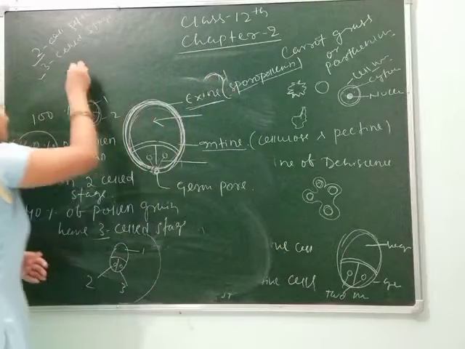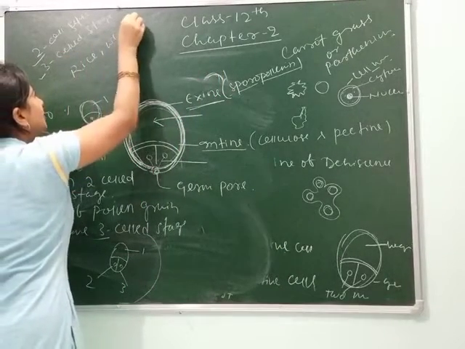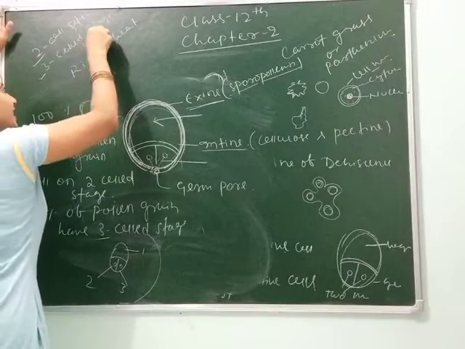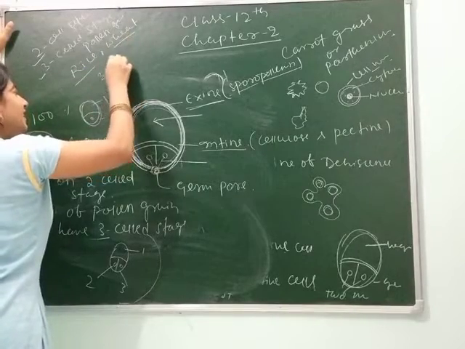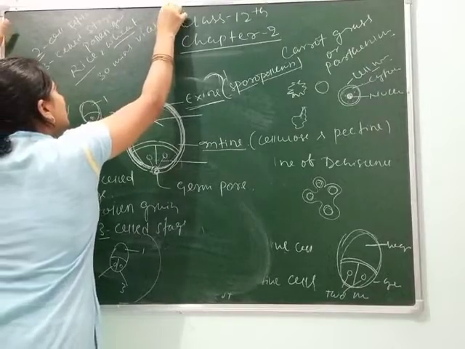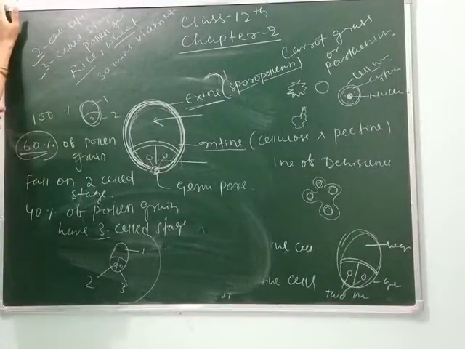If we see rice, wheat, etc., the pollen grains of rice and wheat have 30 minutes viability. Viability means up to 30 minutes they are able to release their male gametes for fertilization.